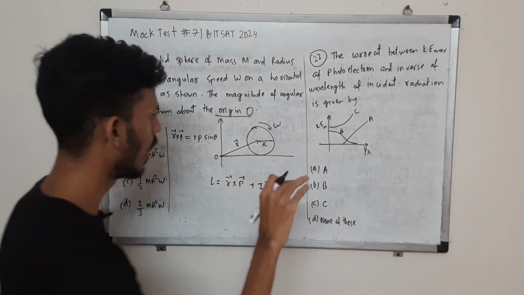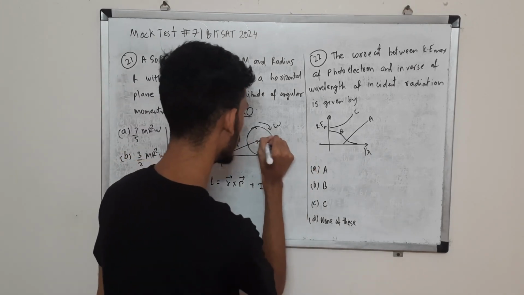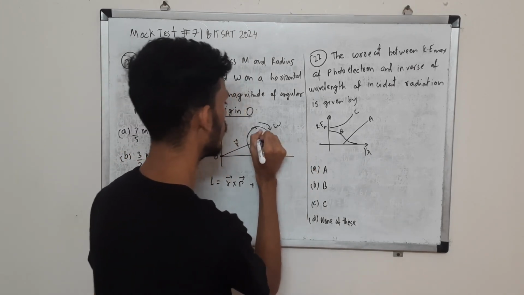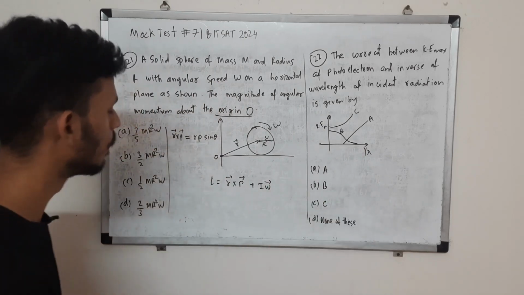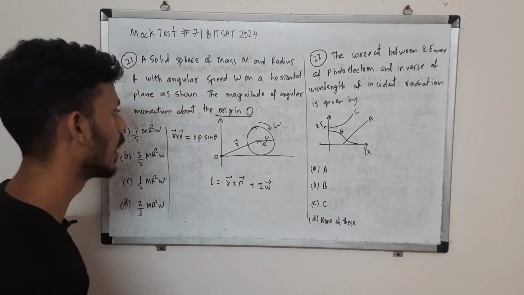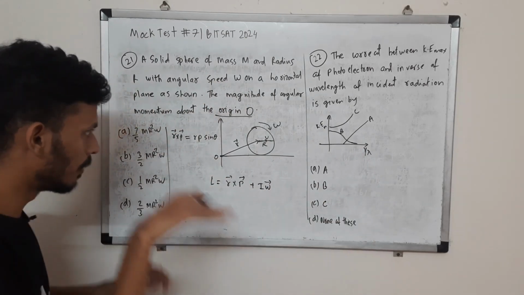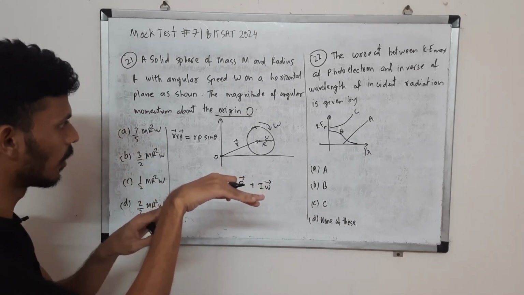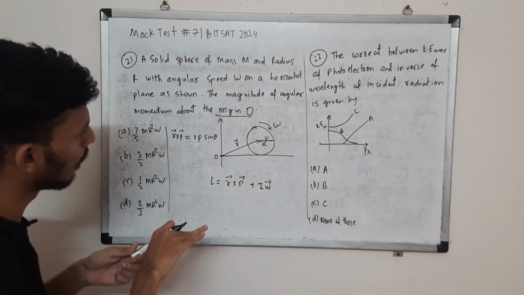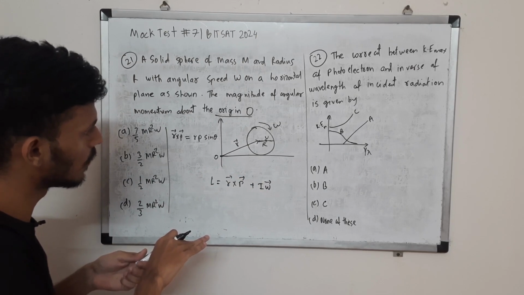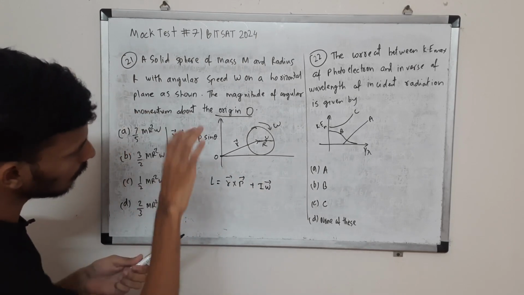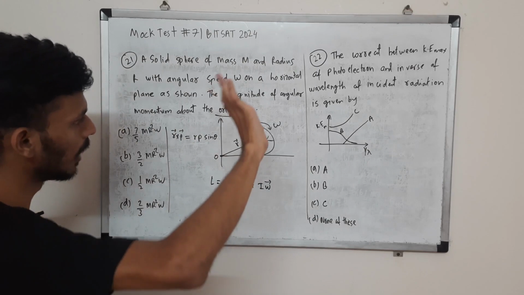And if you see r and v, velocity of the center of mass will be along that direction, translational. So momentum is along that direction and r is along this. So r cross v will be inside, and omega is also inside.